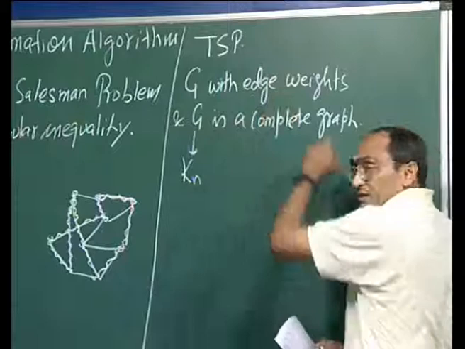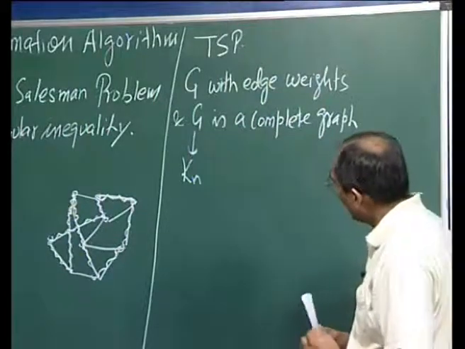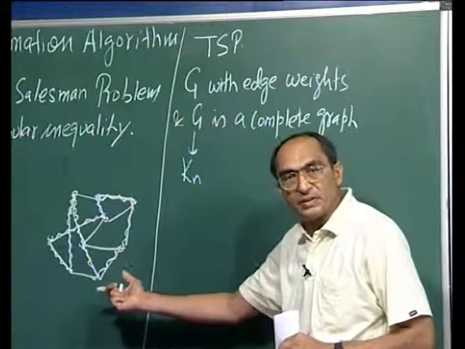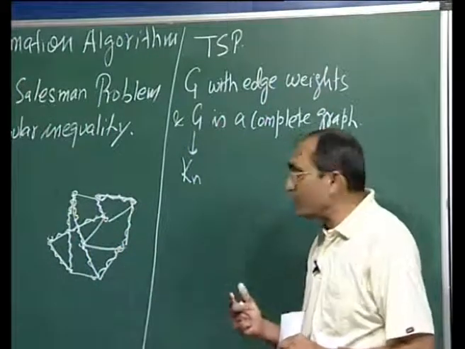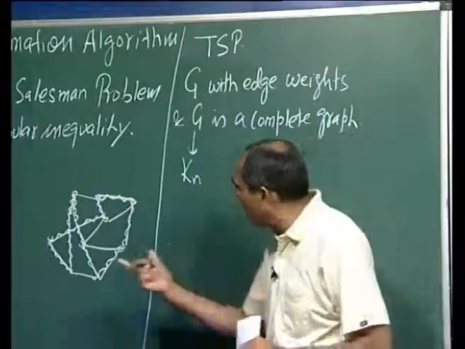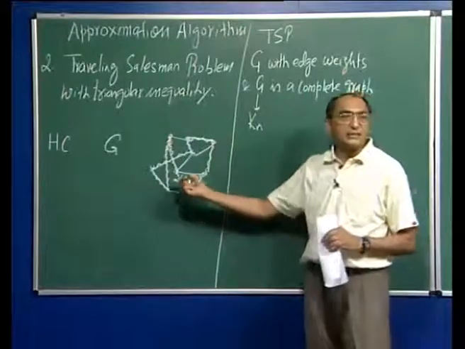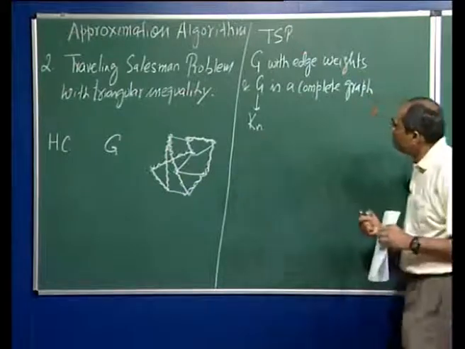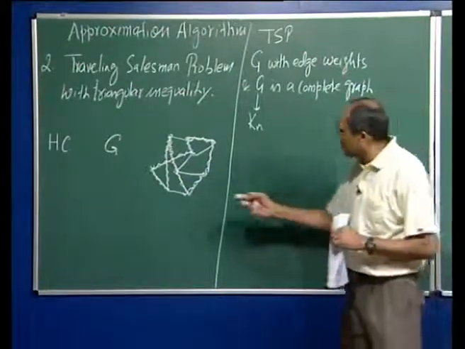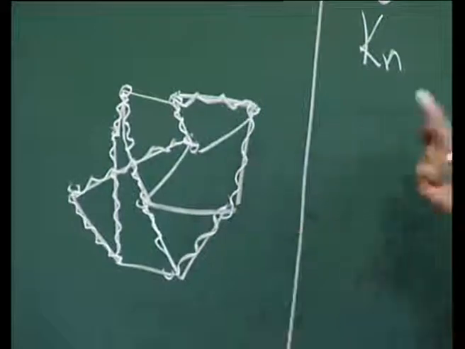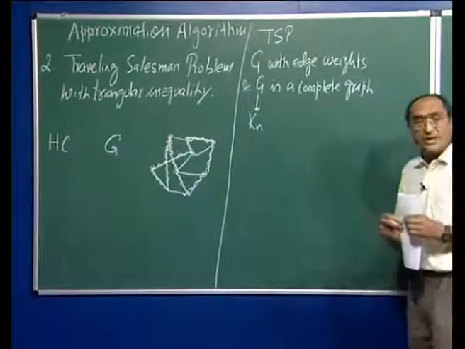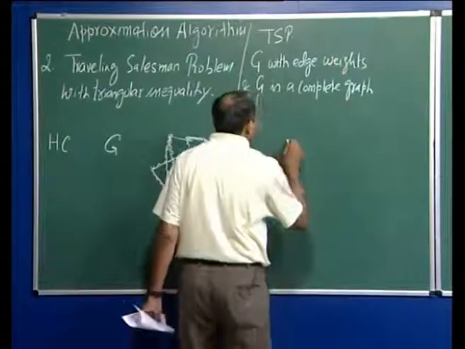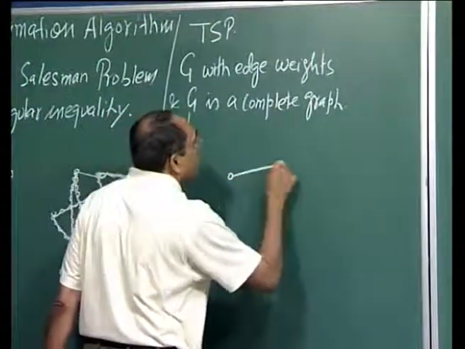Edges have weights. Now, in a complete graph, to find a cycle passing through every vertex is a trivial task, because every permutation of vertices is a cycle in a complete graph, because all pairs are connected. So, the hard part is not to find a cycle, but to find a cycle whose weight is minimum. The cycle weight in this case is the weights of the edges of that cycle.